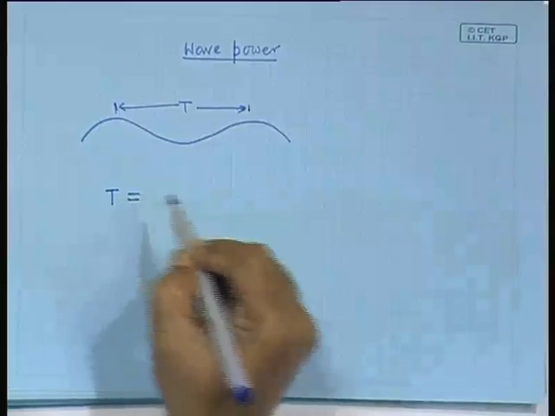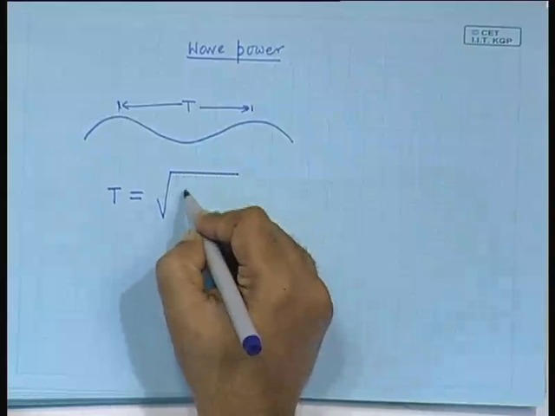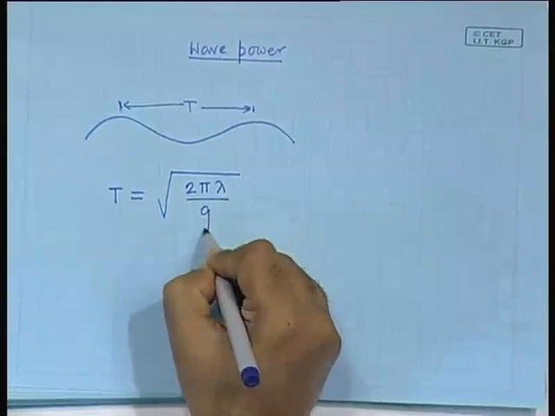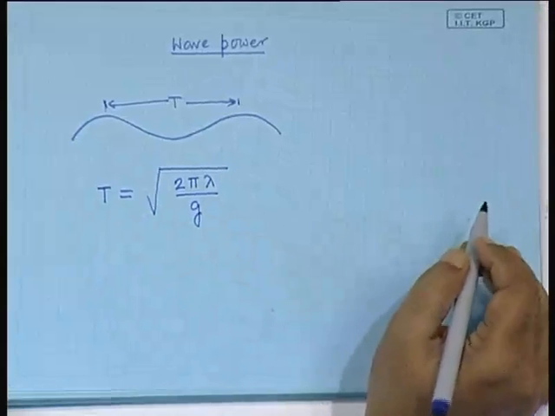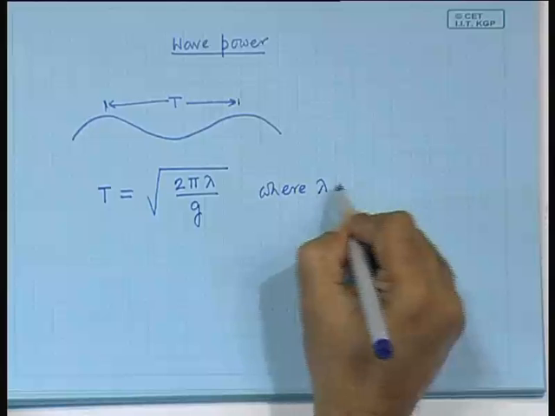Now, T can be expressed in this form, where lambda is the wavelength.